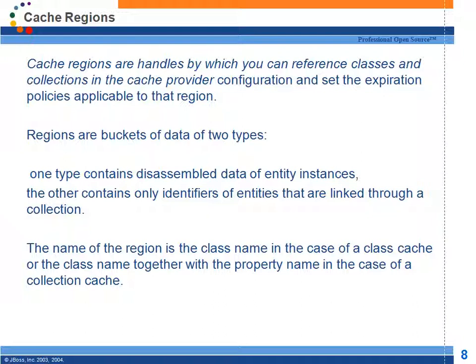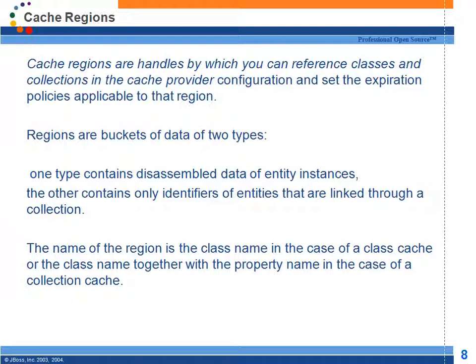Cache regions are the place where the cache data is actually stored, right? For 5 classes you have 5 class regions, and each class region holds the data of that particular class only. Regions are nothing but buckets of data; we can represent a region as a bucket.